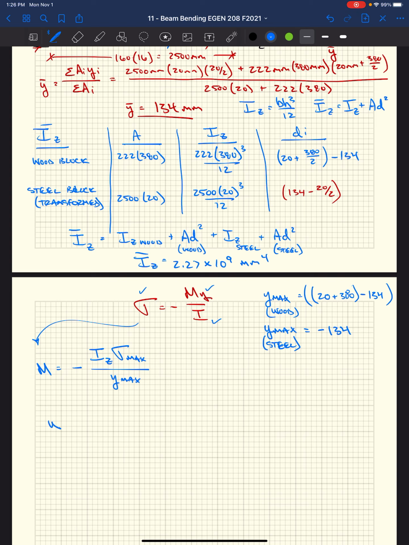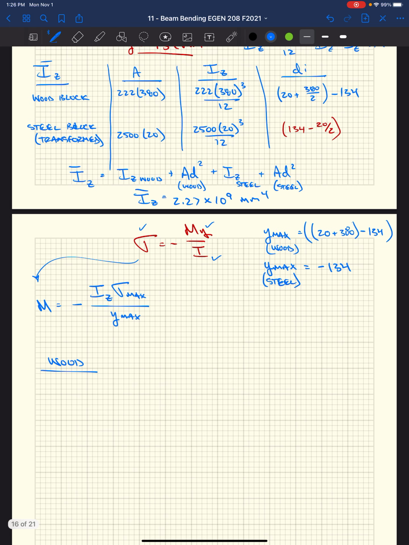So if we look at wood, I'm gonna look at our wood now. Our moment of inertia, 2.27 times 10 to the 9th millimeters to the 4th, right? That's what we just calculated up above. Times our allowable stress.